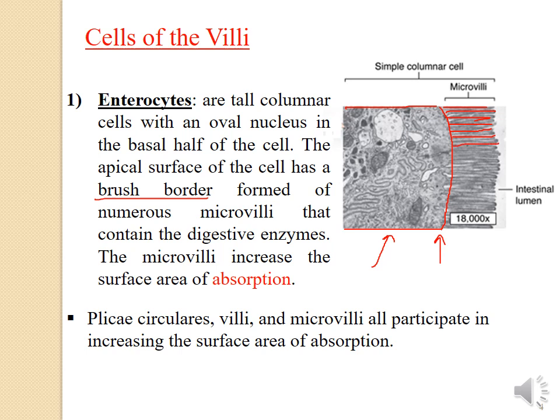And these microvilli form what we call the brush border or the striated border of the small intestine. Now, these microvilli contain the digestive enzymes, but in addition, these microvilli increase the surface area of absorption.